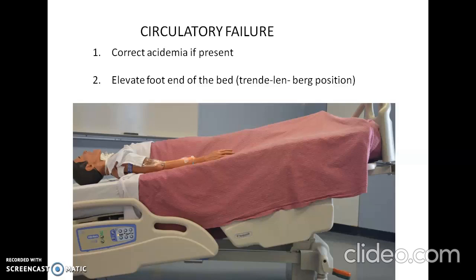It is the acidic environment where the pH of the blood decreases towards the acidic range. So that should be treated. In the coming slide I will mention how to overcome such a situation. In circulatory failure, elevating the foot end of the bed can serve the purpose, as it can increase the circulation.